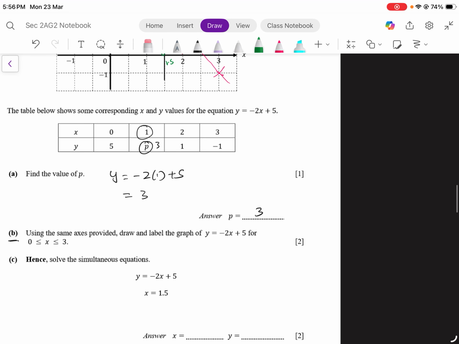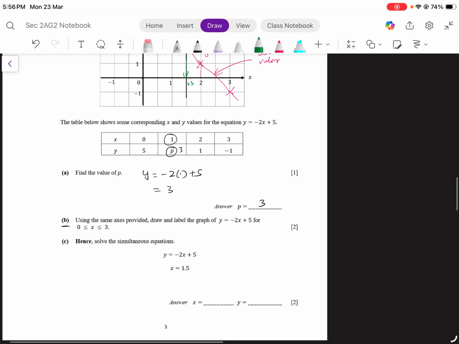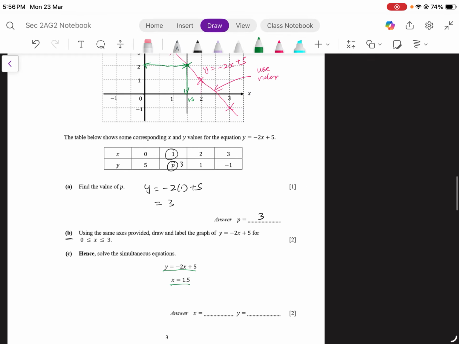The point where they cross each other is your answer, because each equation can be represented as a straight line. So it becomes solving simultaneous equations by graphical methods. Your x is 1.5, your y is 2.